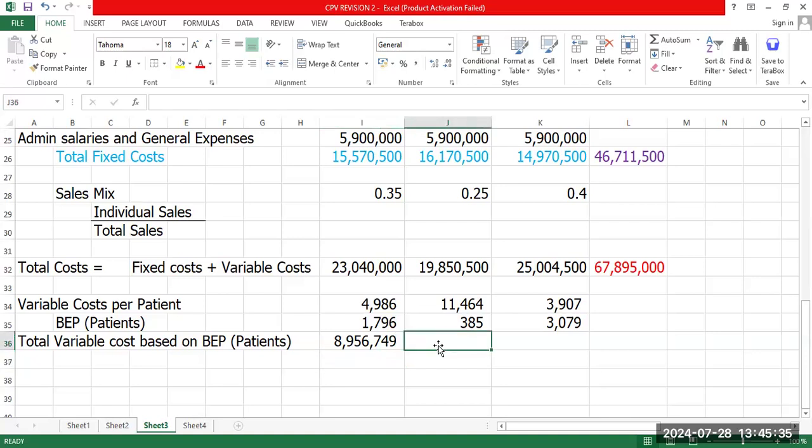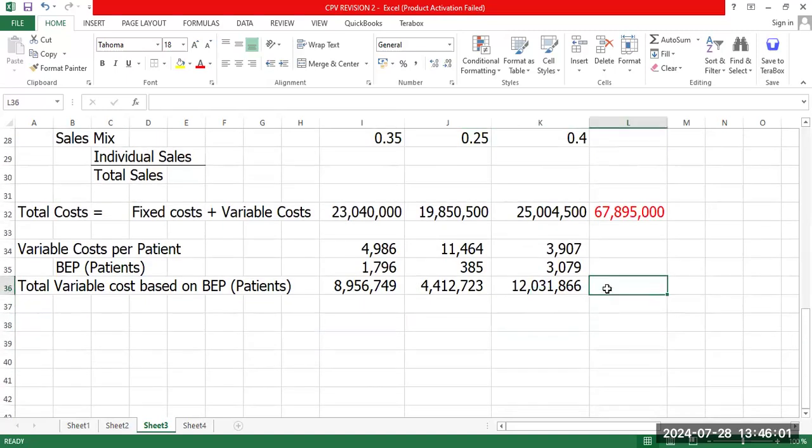Then next, I get this, then times this. We round off to the whole number. Then the total here, I get this plus this plus this. That is the total I have.